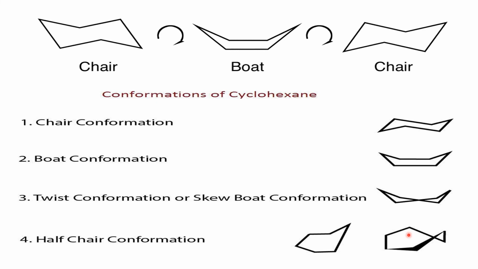So for cyclohexane, we identify two most extreme stable conformations: the chair conformation and the boat conformation. Apart from these two, there are a large number of conformations, and some of the important ones are the skew boat conformation and the half chair conformation. Take down.